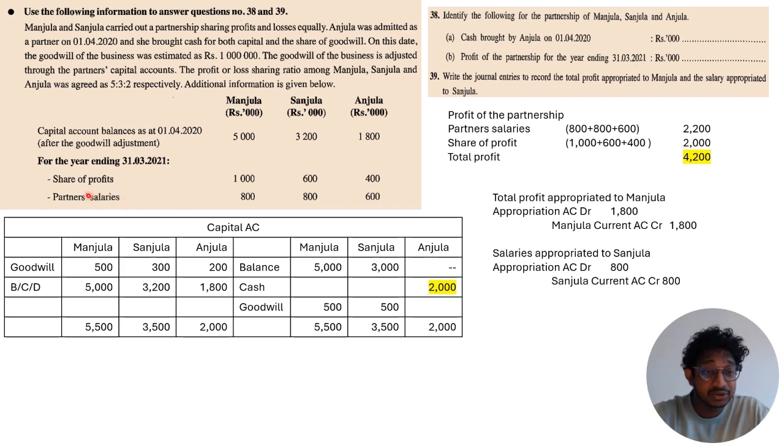But in this case, there is only share of profit and partner salaries. So the total profit is partner salaries plus share of profit, right? And when you are distributing your profit to partners through the appropriation account, the appropriation account is debited and the partners' current accounts are credited. Okay.